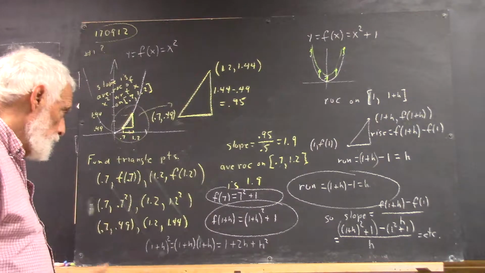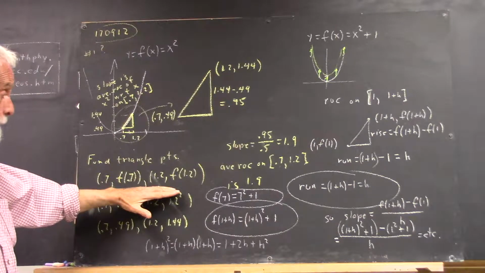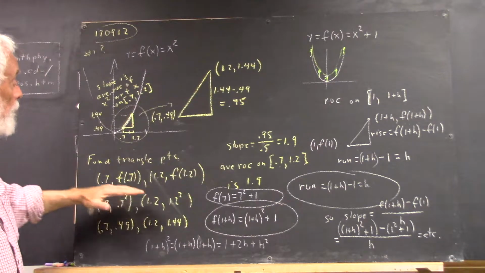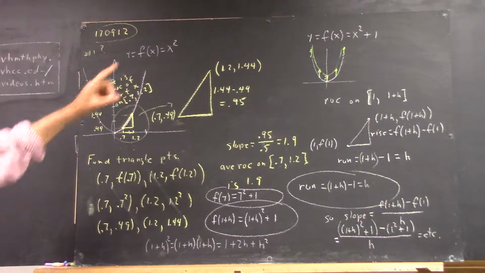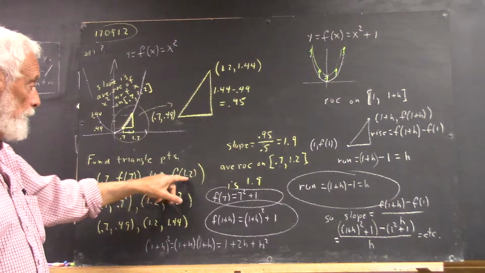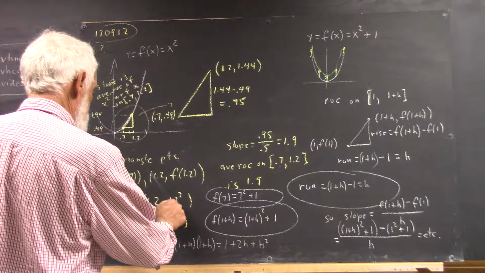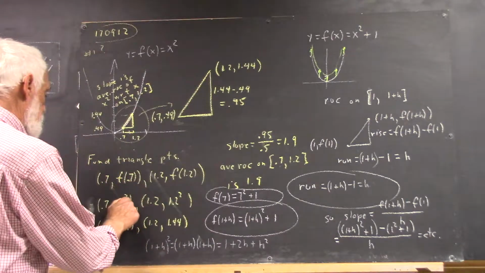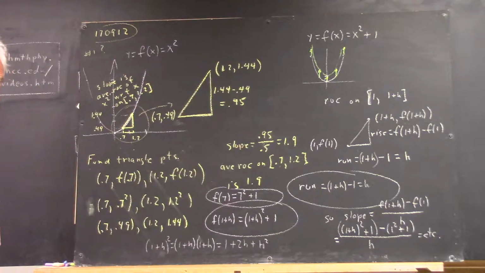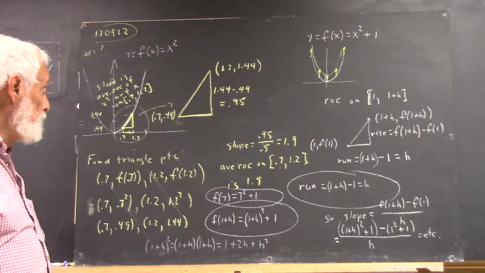Now we evaluate, okay? Again, everything I've said so far would apply to any function whatsoever. For the specific function, the x squared function, well, f of 0.7 is 0.7 squared, f of 1.2 is 1.2 squared. Now, I certainly expect you'll be able to square 0.7 mentally, or at least on a piece of paper. It's 0.49.